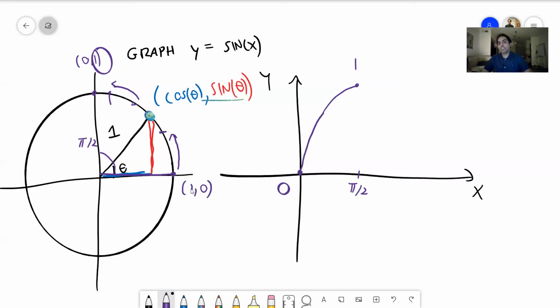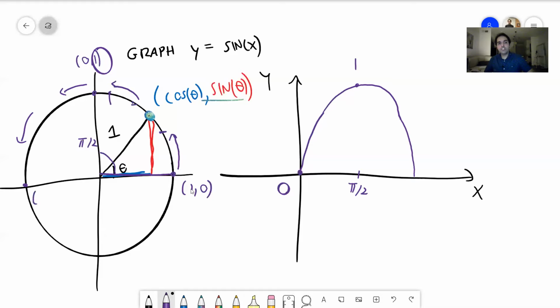But then the question is, what happens after pi over 2? Well, kind of the reverse phenomenon. You go down very slowly, so think almost like a roller coaster, a little bit, and then whoosh, you go down very fast. Kind of like here.